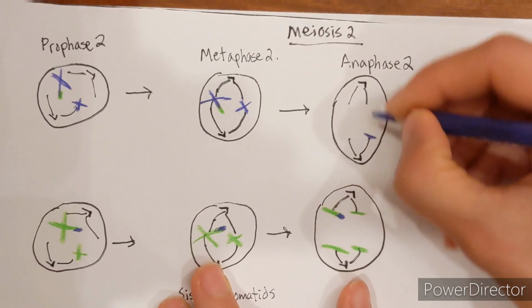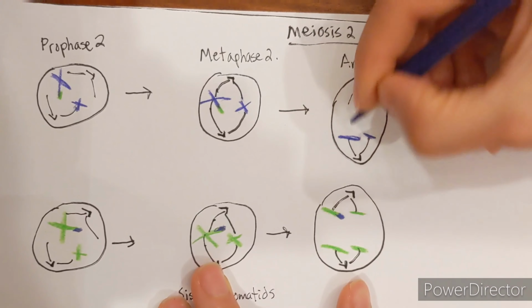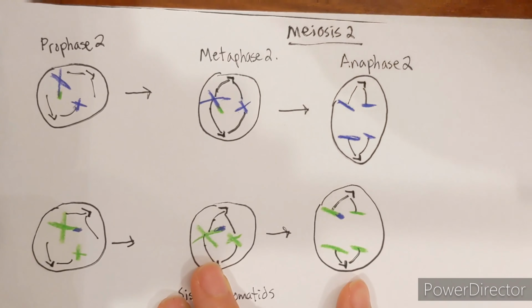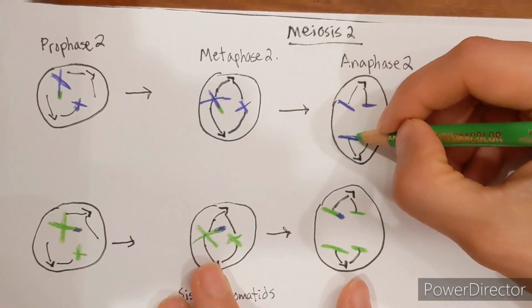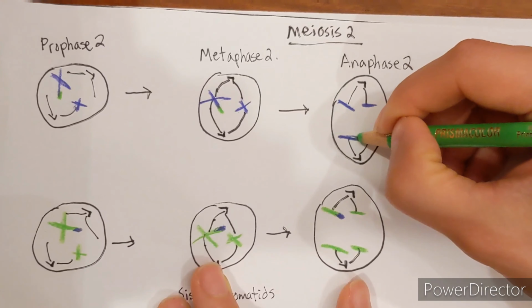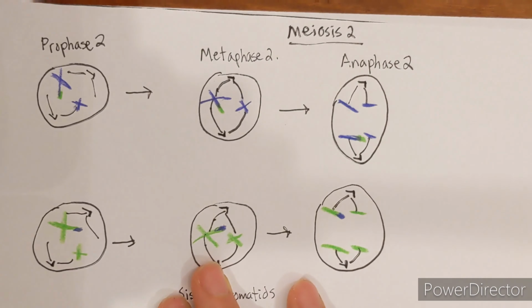I'm going to split apart my sister chromatids. And I'm going to have the funky guy over here, actually, in this case. The little bit of extra. A little different.